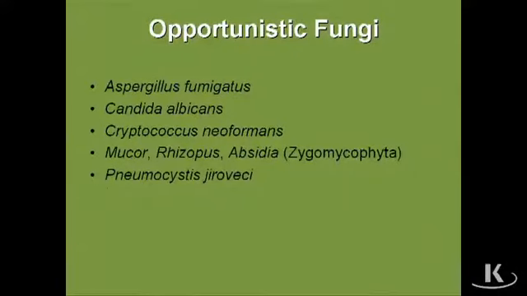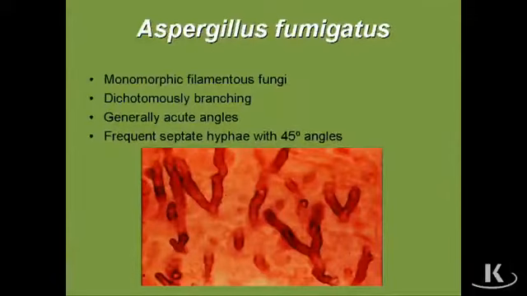Not all of them are associated with HIV, but Candida, Cryptococcus, and Pneumocystis certainly are probably one of the top 3. So we're going to start by talking about Aspergillus, and the species is Aspergillus fumigatus.